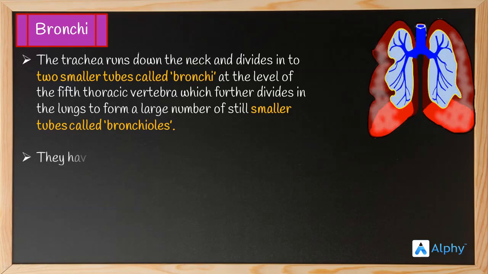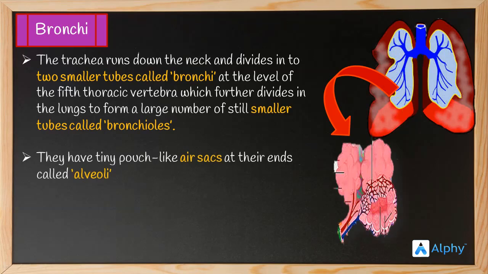These bronchioles have tiny pouch-like air sacs at their ends called alveoli. These alveoli are balloon-like structures, kind of air sacs, and this is how they look. They are present at the ends of the bronchioles, here on the ends, okay?